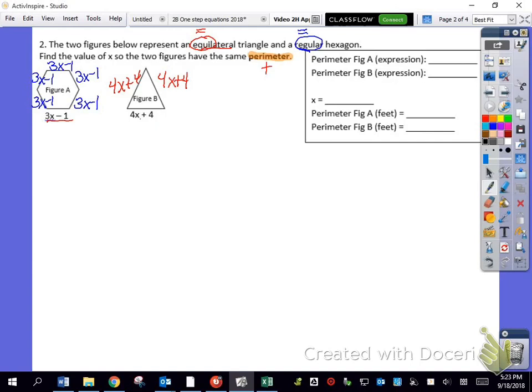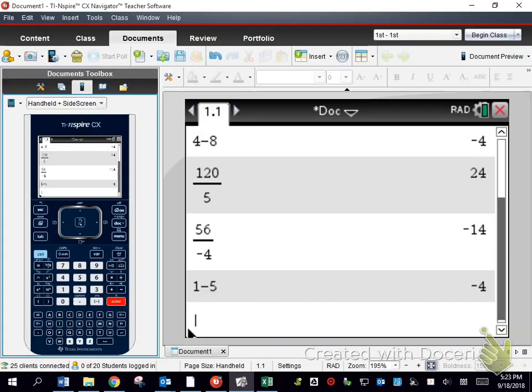So I want to collect like terms. So on figure A, 3x plus 3x plus 3x plus 3x plus 3x plus 3x. So there's 6 3's. If I add those together, I would get 18x. Now, when I put the other one in, notice this says negative 1. And some of you get confused when you do that.